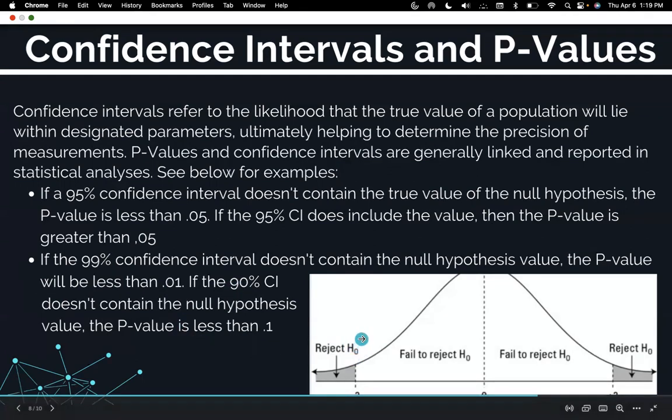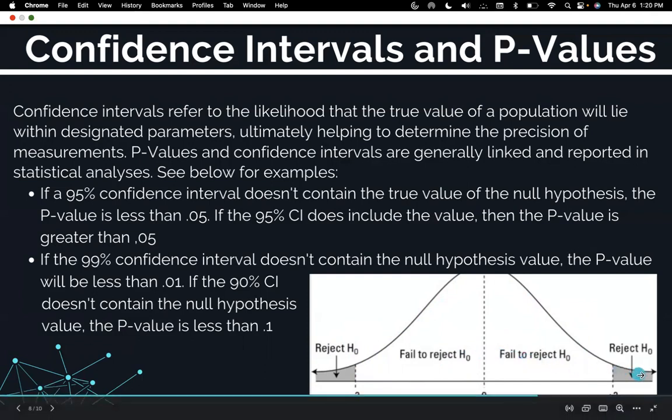When we look at this distribution here, we can use the white area to see the null hypothesis. In this situation, if we had a p-value fall within this range, let's say the 95% confidence interval, we would fail to reject the null hypothesis.